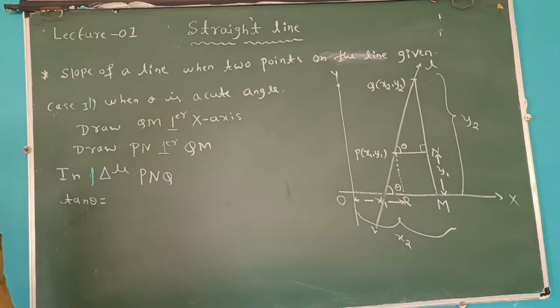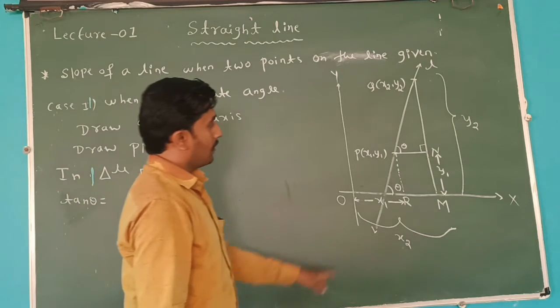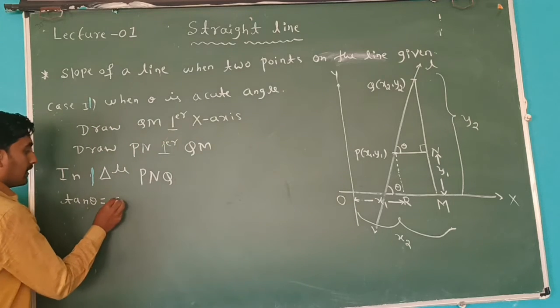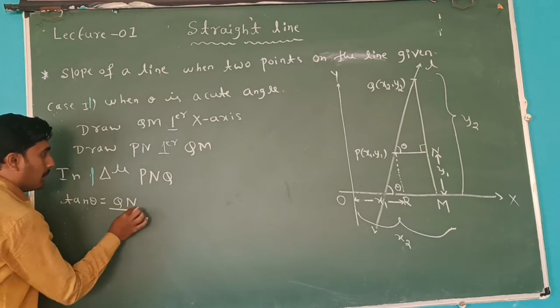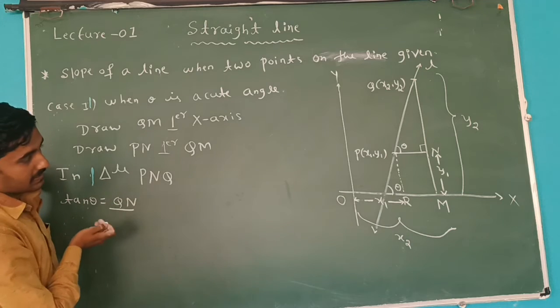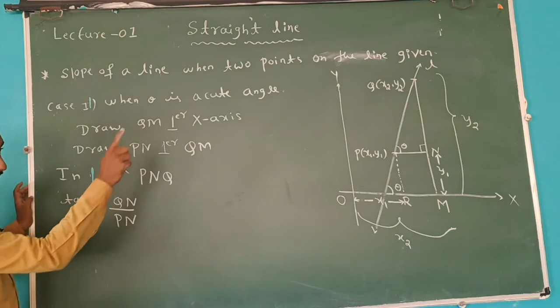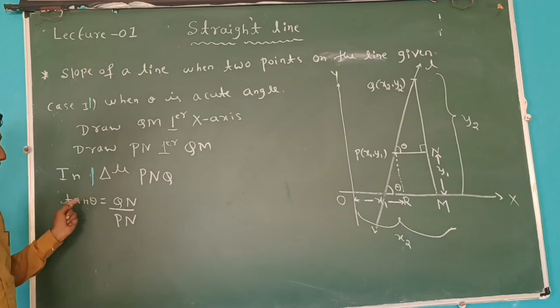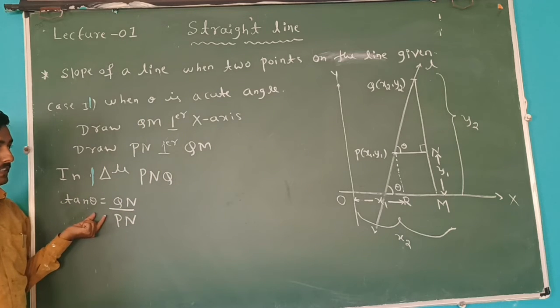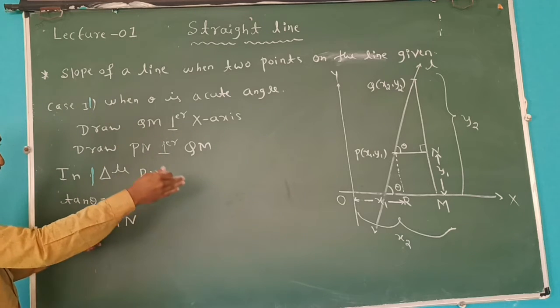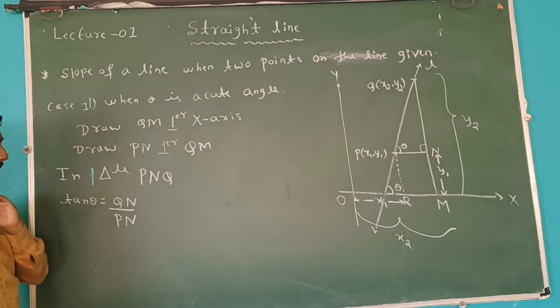Tan theta is opposite divided by adjacent. Opposite is QN, divided by adjacent, which is PN. So in the triangle PNQ, tan theta is QN divided by PN.